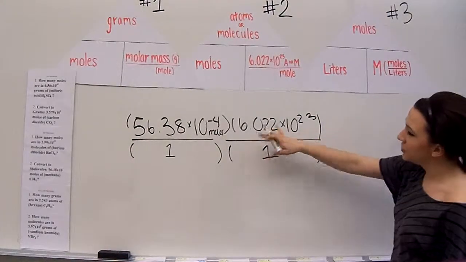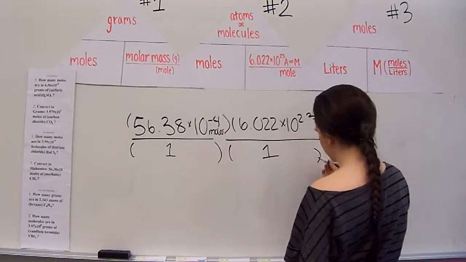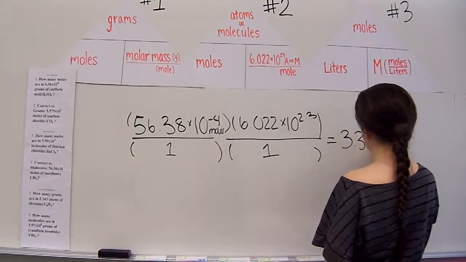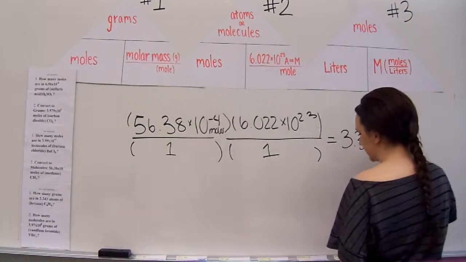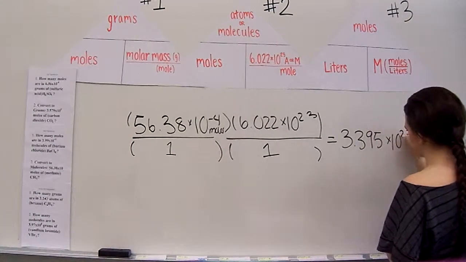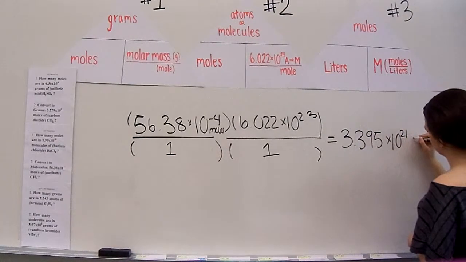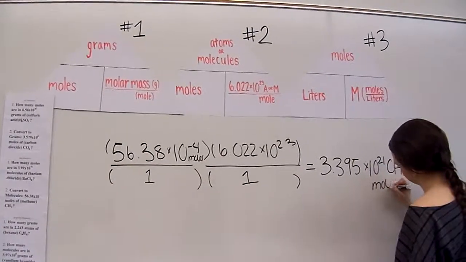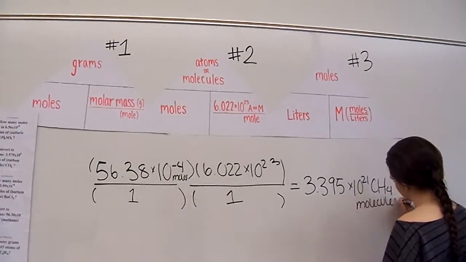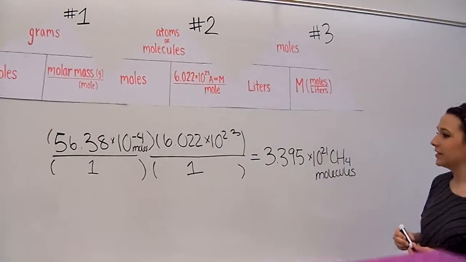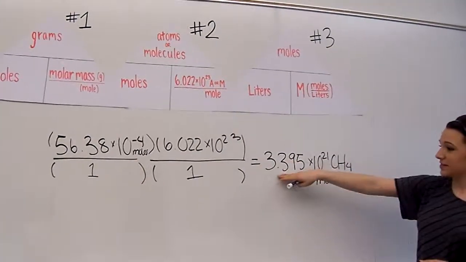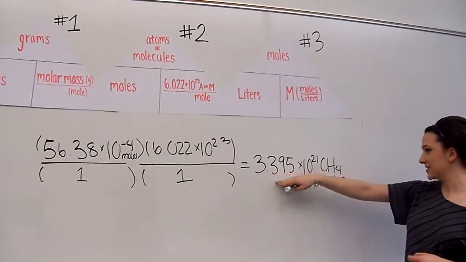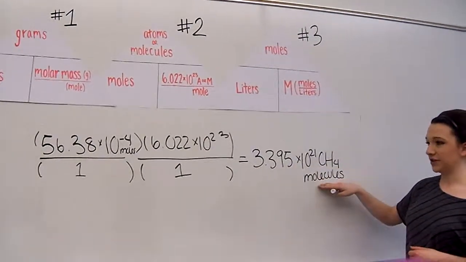Once you multiply that out, you should receive 3.395 times 10 to the 21st CH4 molecules. As I have been stating before, correct significant digits, correct compound, and correct unit label.